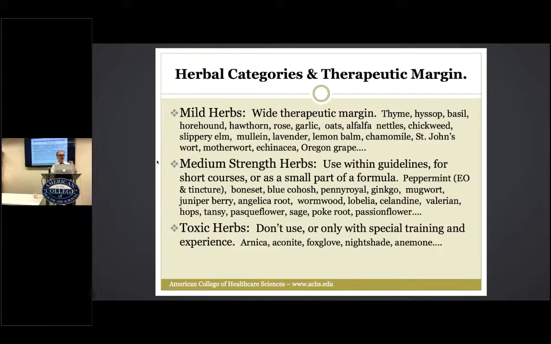I've even heard of hikers sitting down on a log next to monk's hood, aconite, and getting woozy just from the fumes of the plant. So these are very strong. These are very potent. So don't use them until and unless you have been well trained on how to harvest them and how to process them.